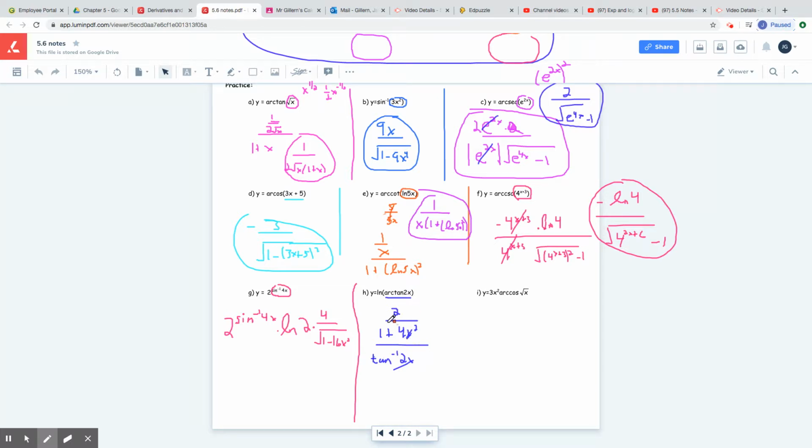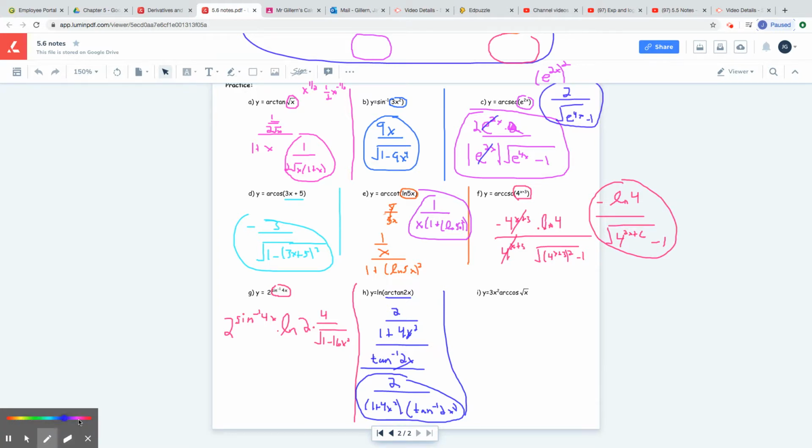Like I said, complex fraction, no good. Just move this to the bottom. So your answer is going to be 2 over 1 plus 4x squared times inverse tan of 2x. That would be the correct answer, but if you just put this, that would also be okay.